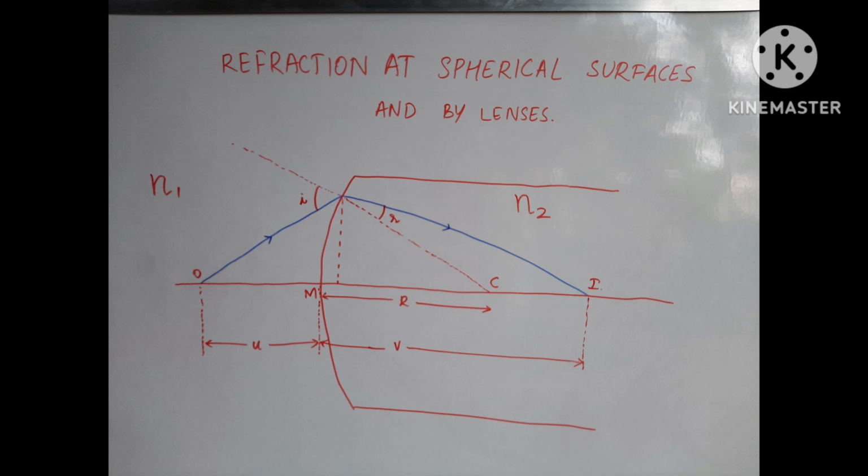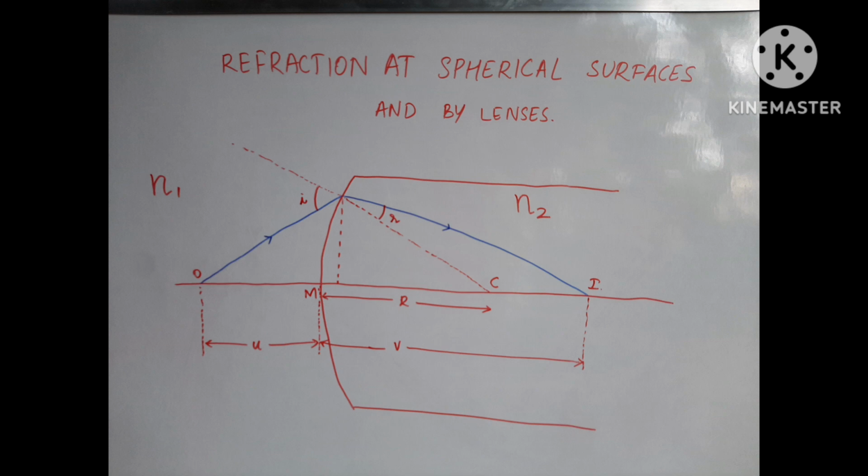Here we can consider ON as the ray of incidence, and NM as the perpendicular to the principal axis, because we consider the aperture NM to be very small, so we can apply the small angle approximation in this case.